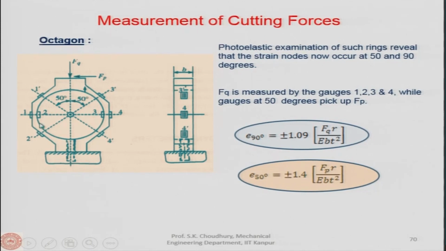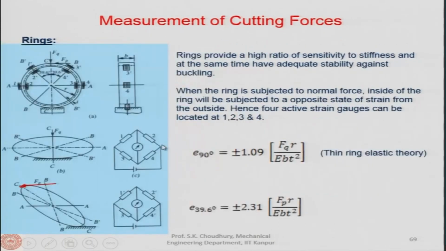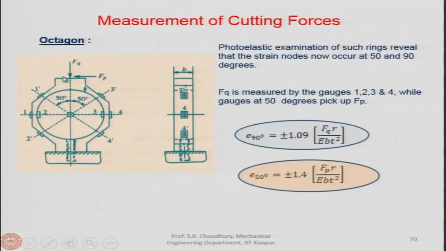Now, if you take two Wheatstone bridges, one which comprises 1, 2, 3 and 4 and another which is 1 prime, 2 prime, 3 prime and 4 prime, then the Wheatstone bridge of gauges 1, 2, 3, 4 will measure the force FQ, the thrust force.